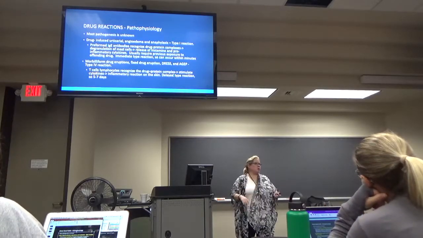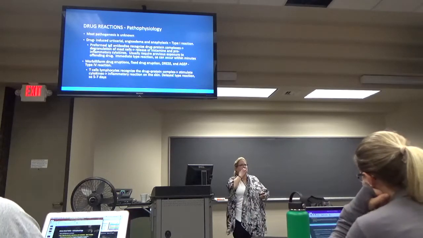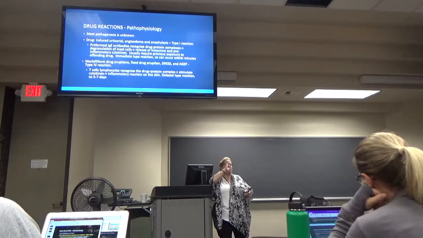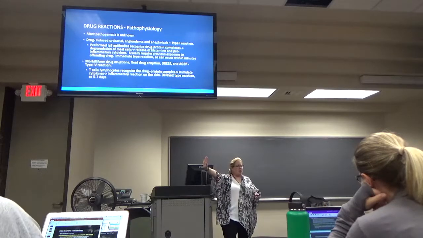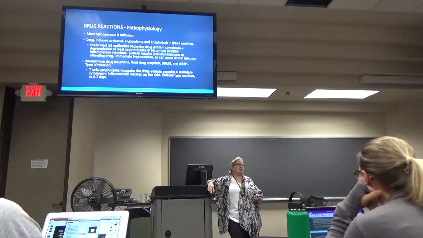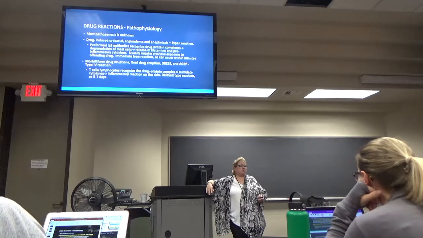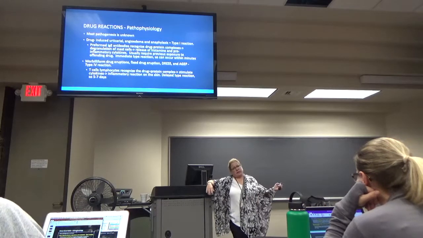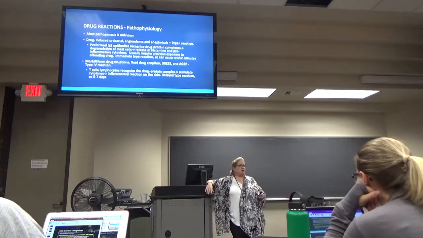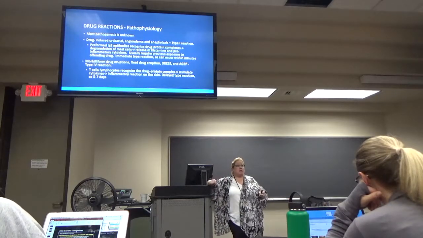These have to do with our T-cell lymphocytes. Same sort of thing, but IgE and histamine is not involved. That's your type 1. This tends to be a delayed reaction. You start your medication today, but it takes several days before you start seeing the reaction, whereas the type 1 you can see very, very quickly, sometimes within minutes.